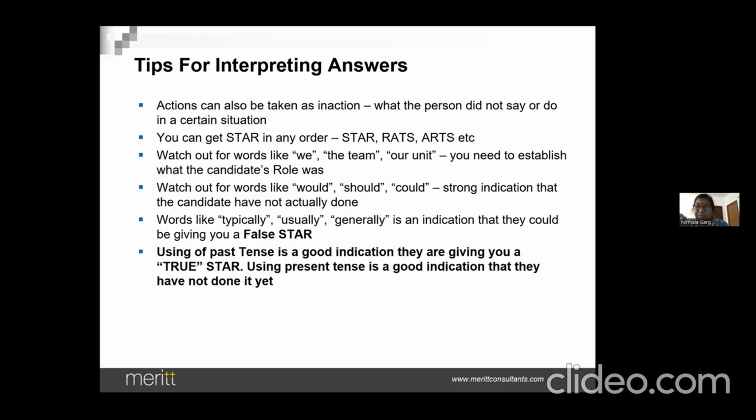In a behavioral event interview, please look out for words like "we". Always clarify. So tell me, what was your role? Next, "I would have done this," "I should have done this." What does that mean? Hypothetical. We are not looking at what you can do.